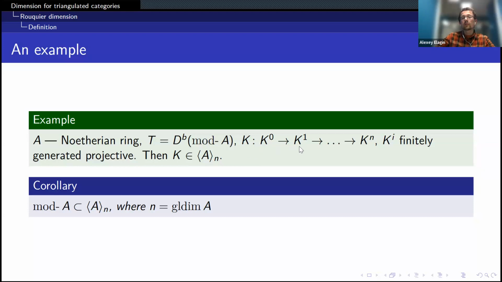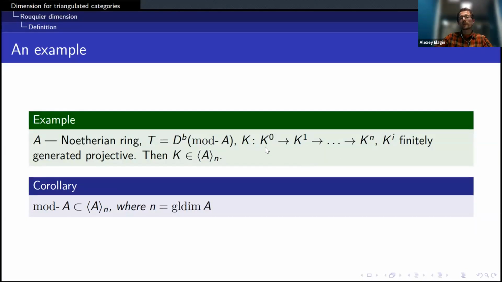Then any complex of finitely generated projective modules can be generated in n steps from this free module. To see this, note that up to adding some direct summand, this complex can be made to be a complex of finitely generated free modules, because any projective module is a direct summand in a free module.